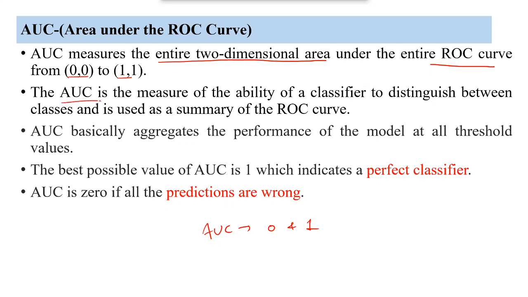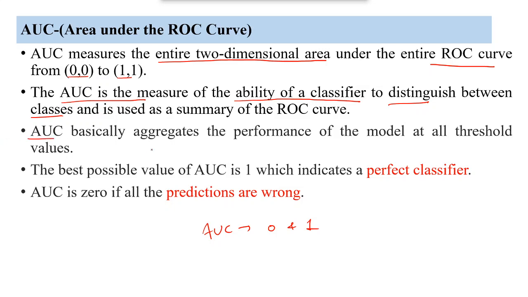So the AUC value lies between 0 and 1. It measures the ability of the classifier to distinguish between the classes. If it is binary classification, we have to discriminate between these two classes. With the help of AUC, we can identify how much area is spread.